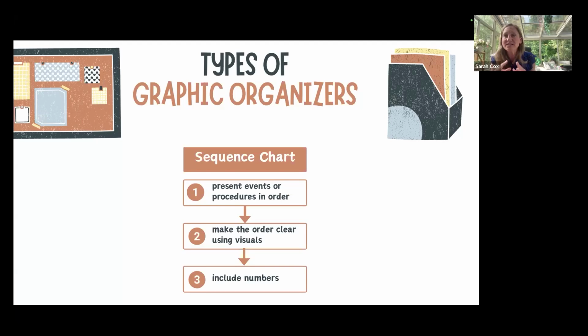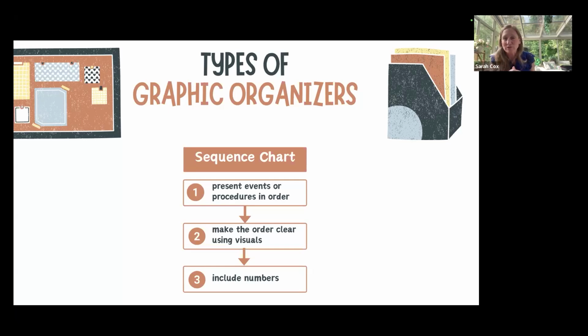We can use visual cues to help specify the order that students need to follow. In this particular sequence chart that I have created, you can see that there are numbers and arrows that demonstrate the order this thing needs to happen in.